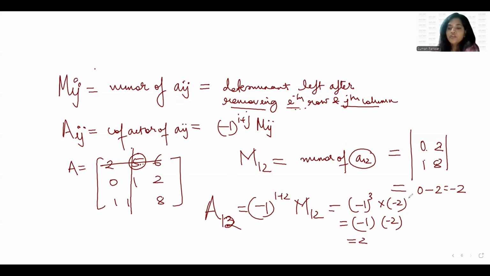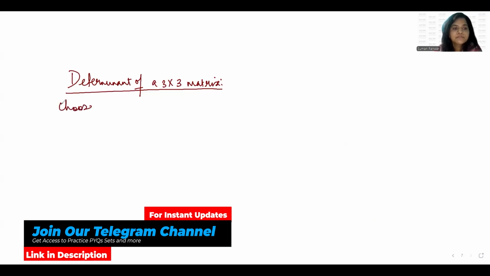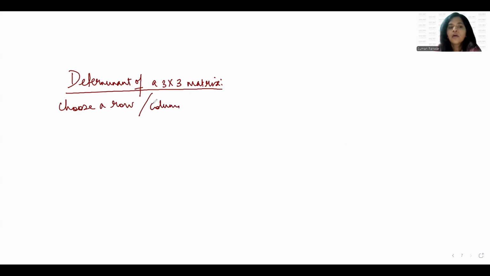All right. So now, how do we calculate determinant of a 3 by 3 matrix? Okay. So how do we calculate determinant of a 3 by 3 matrix? All right. So choose a row or column of your choice. Okay.